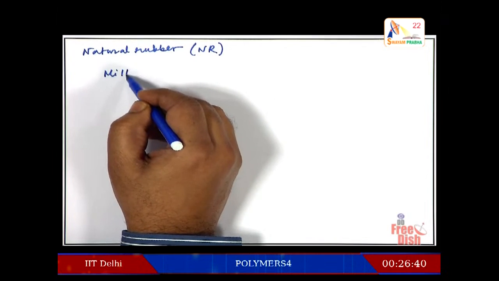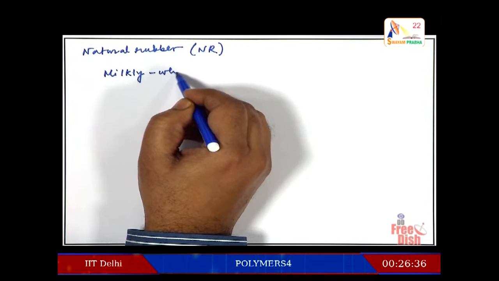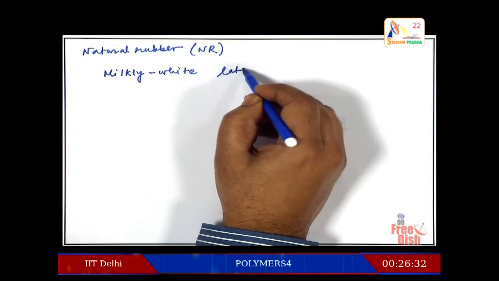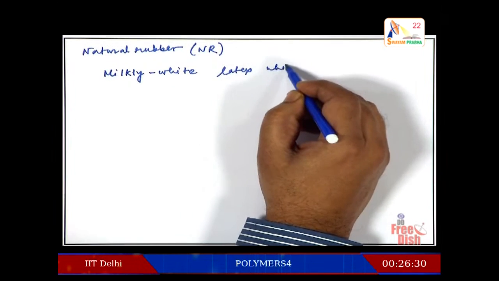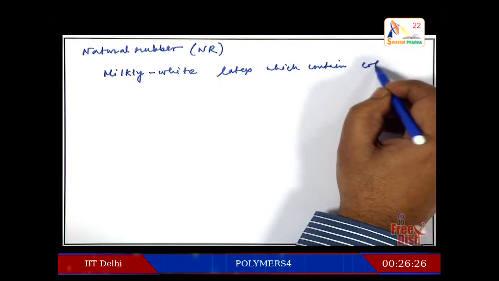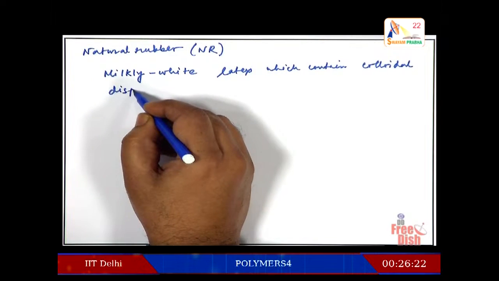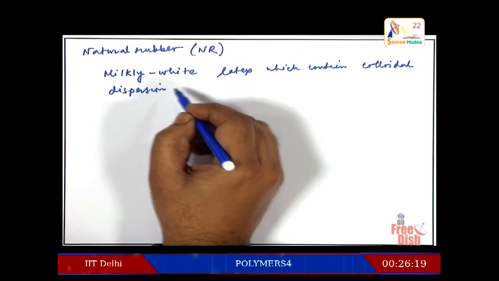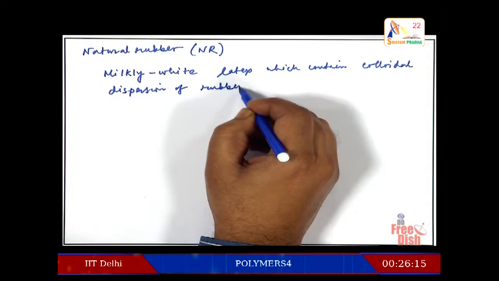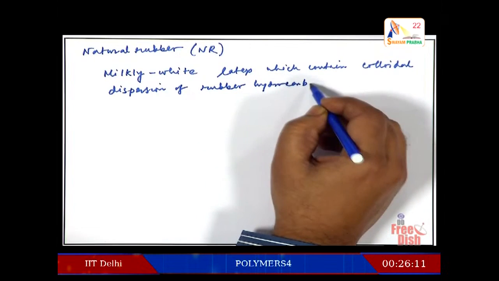If you have seen a rubber tree, it is a milky white latex which contains a colloidal dispersion of rubber hydrocarbons, or you can call them whatever particles.